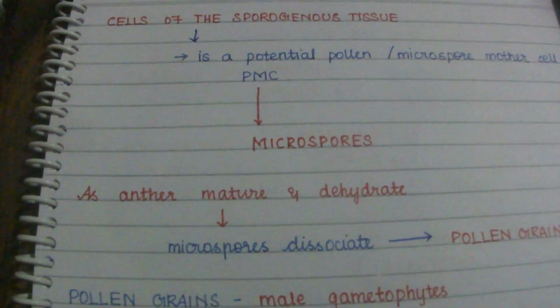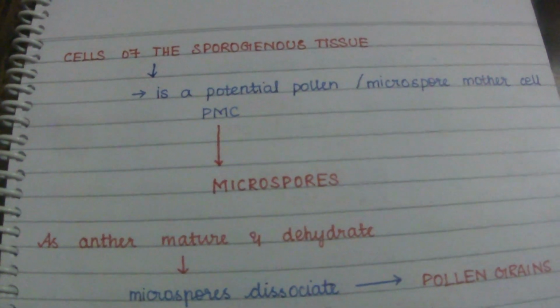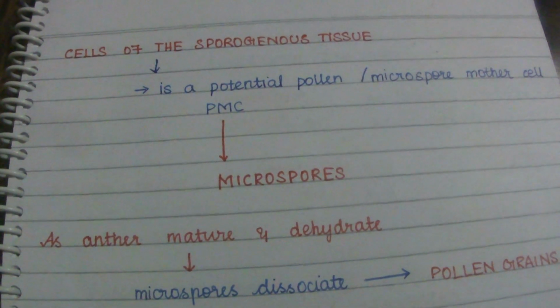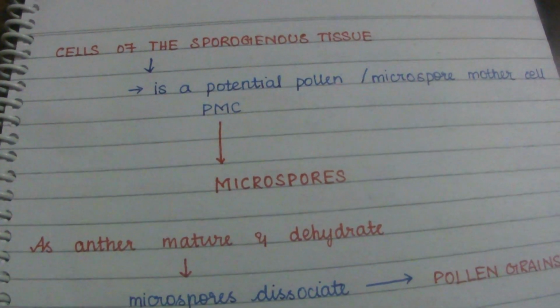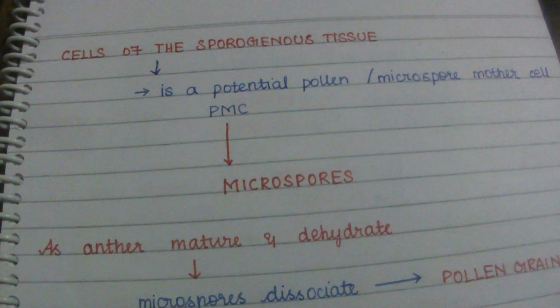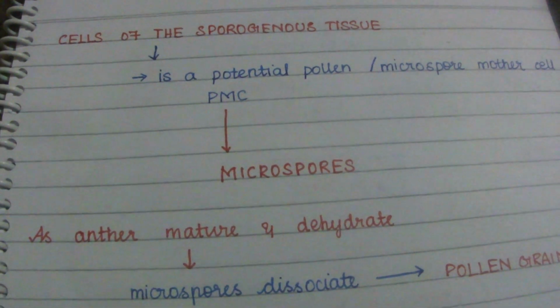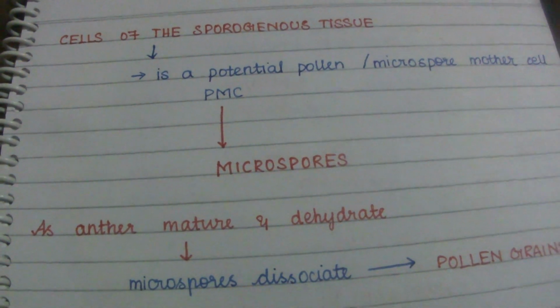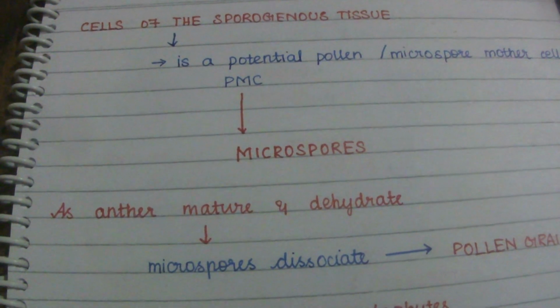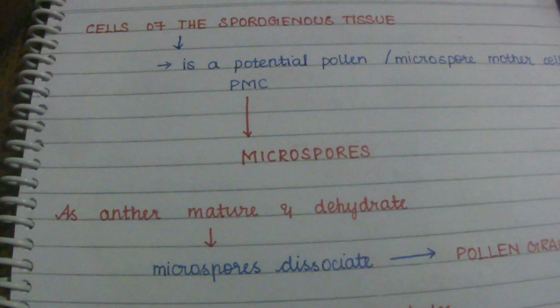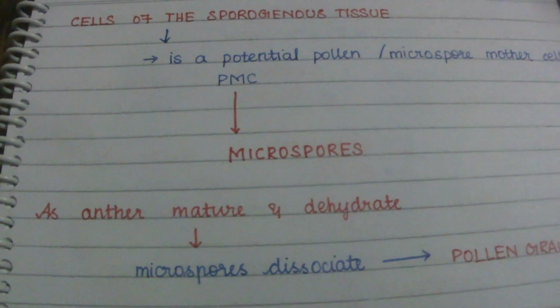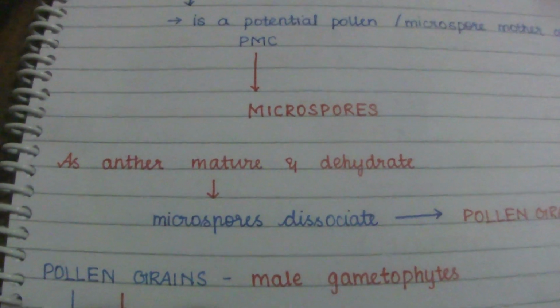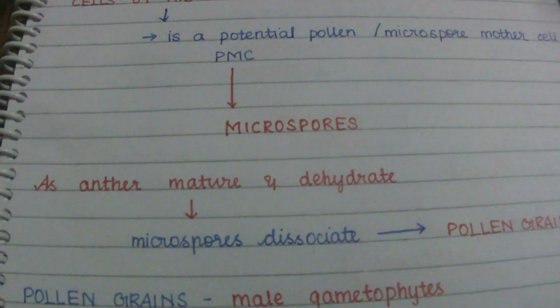The cells of the sporogenous tissue give rise to the pollen mother cell or microspore mother cell, that is PMC. Each one has a microspore mother cell. This formation of microspores is called microsporogenesis.